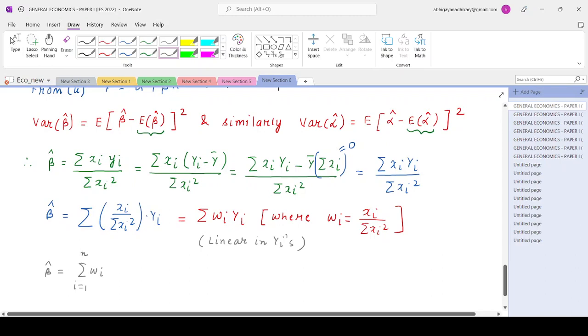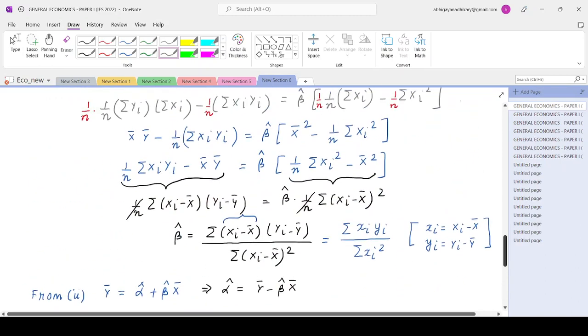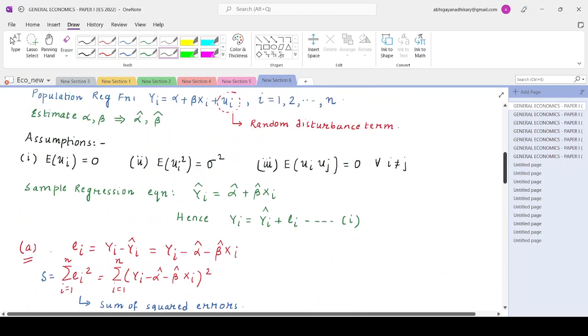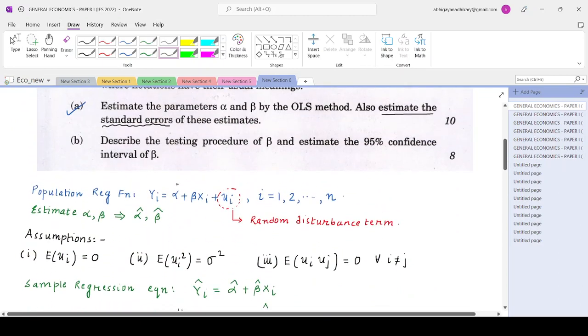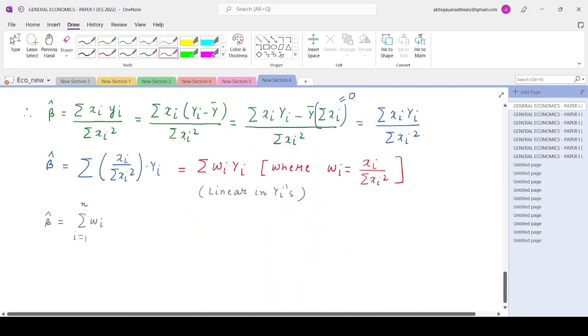Wi remains. What is yi? Yi is the original population equation that we are talking about. Alpha plus beta xi plus ui, right? So let me replace that. Alpha plus beta xi plus ui. So if you just replace it, what do you get?